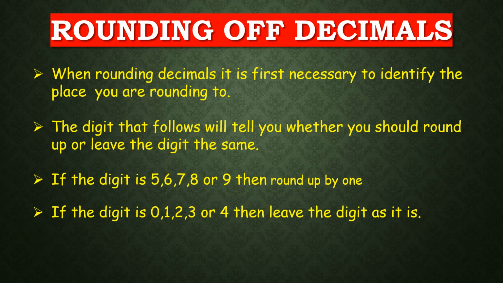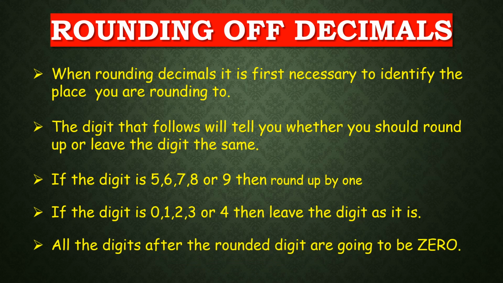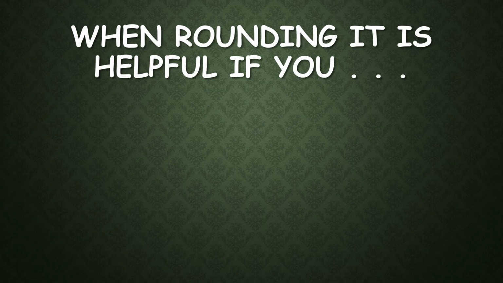But the most important rule is: whether the number is 5, 6, 7, 8, 9 or 0, 1, 2, 3, 4, all the digits after the number you have circled become 0. Understood? Let's move ahead.